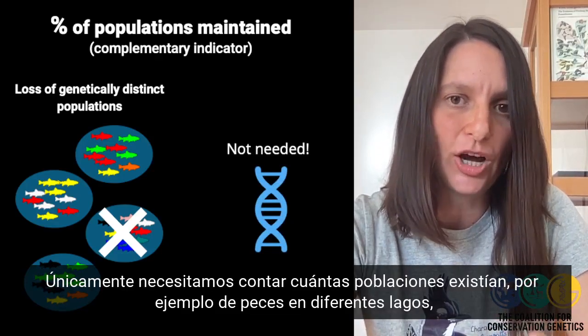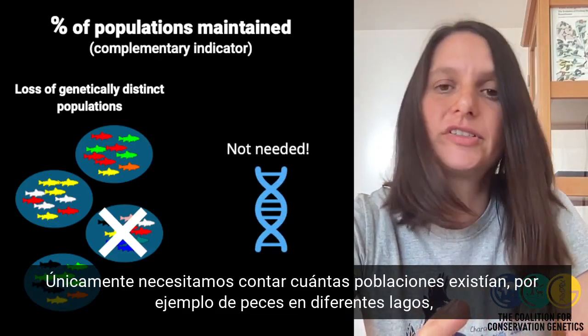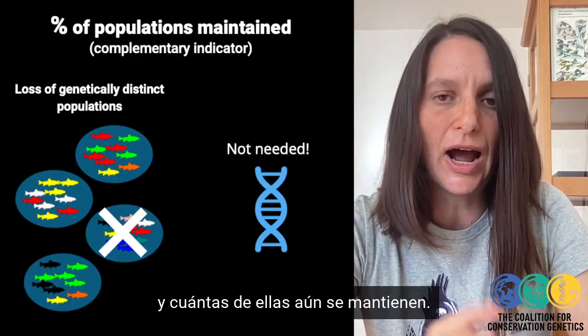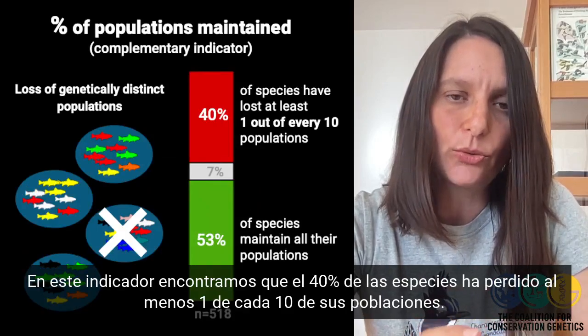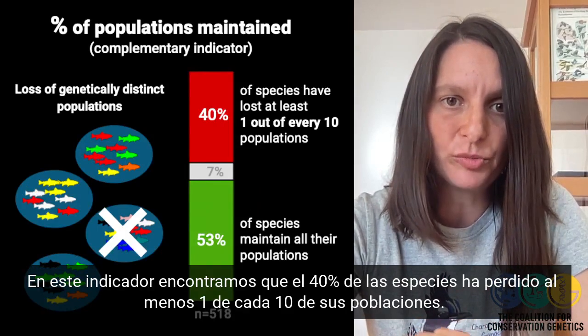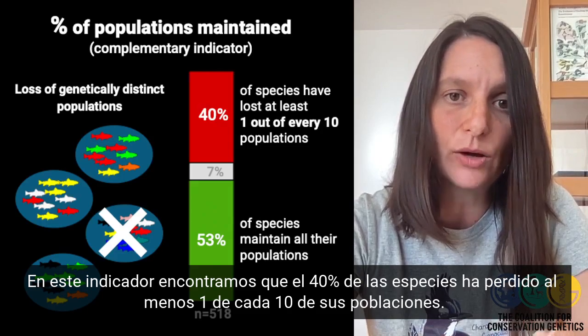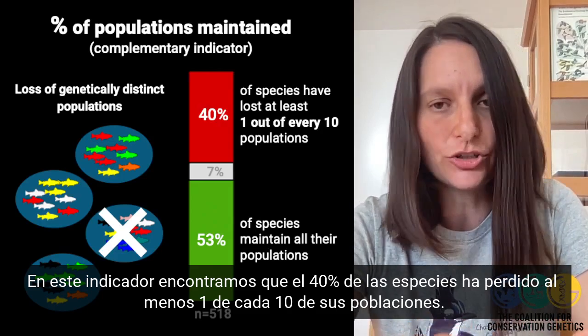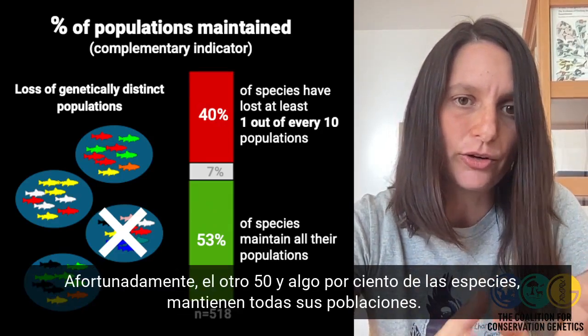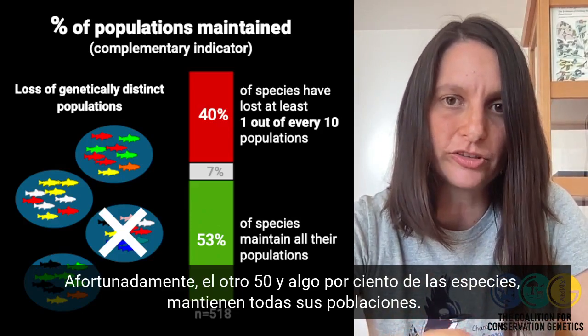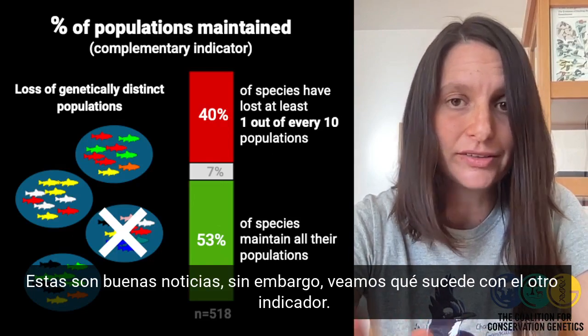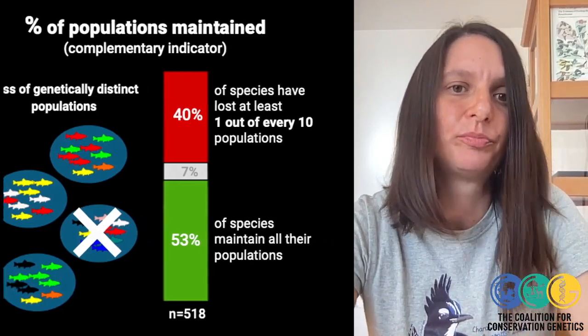We just need to count how many populations were there, for instance, fishes in different lakes, and how many remain. In this indicator, we found that 40% of species have lost at least 1 out of every 10 of their populations. Fortunately, the other 50-something% of species maintain all their populations. This is good news. However, let's see what happens with the other indicator.